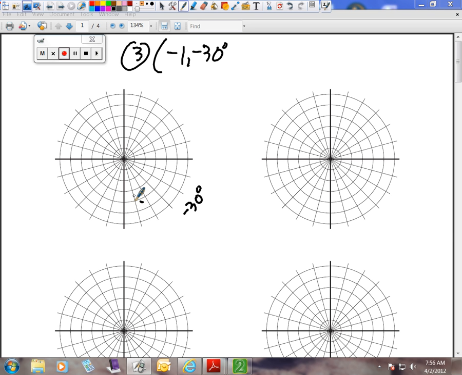Now you have to stay on this same degree line. It's a straight line through here. Does everybody understand what I'm talking about? Straight line. So I'm going to go to here. So all the negative is you go in the opposite direction. Does that make sense? See if you can do number 4.